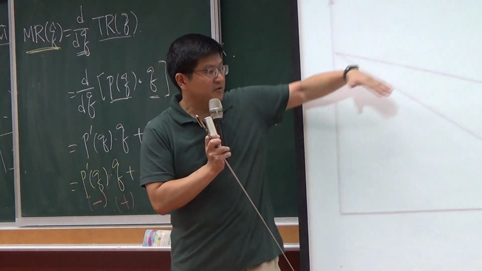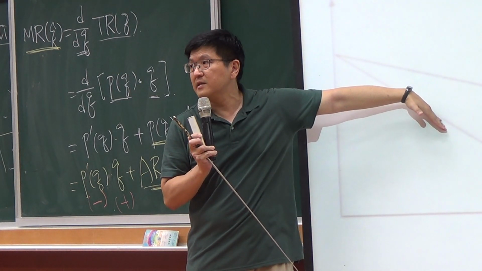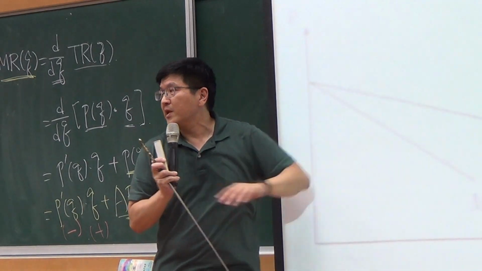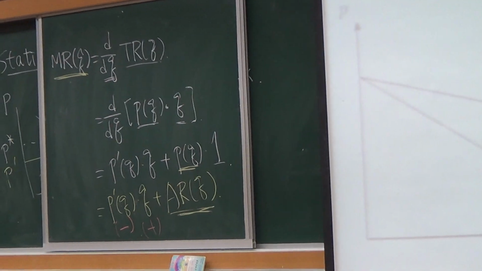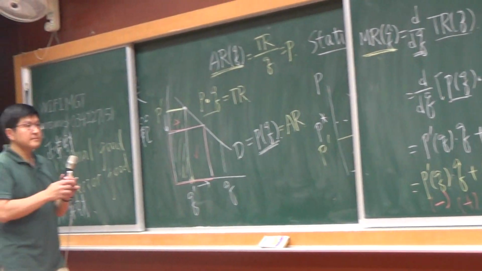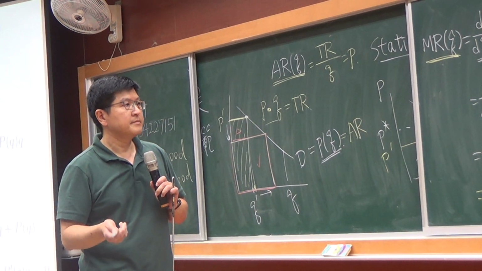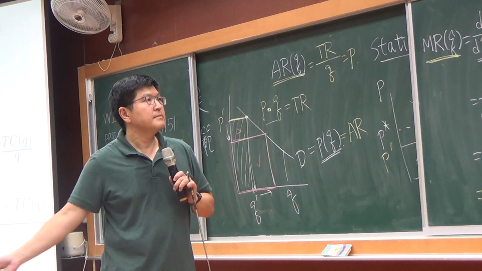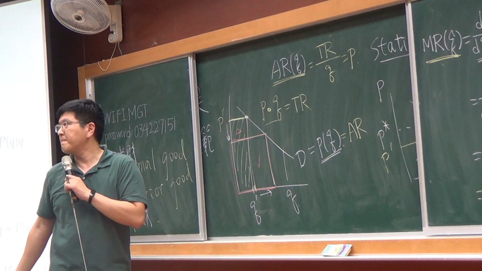So marginal revenue falls below average revenue. Is that clear? Okay? Any questions here?